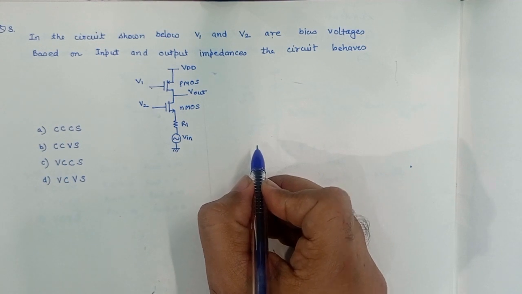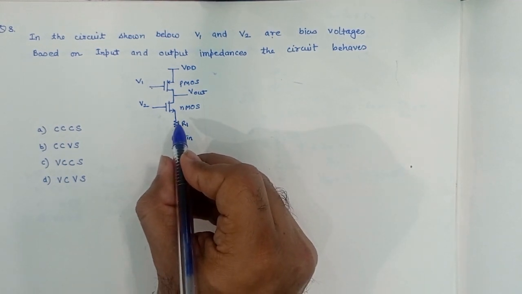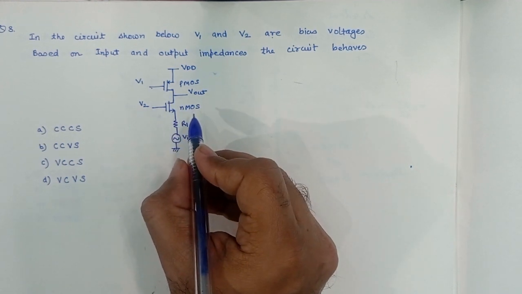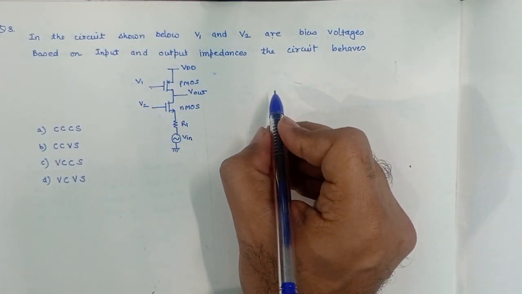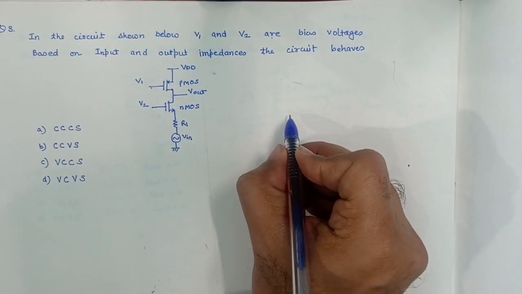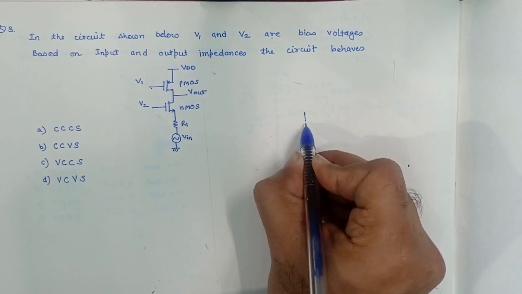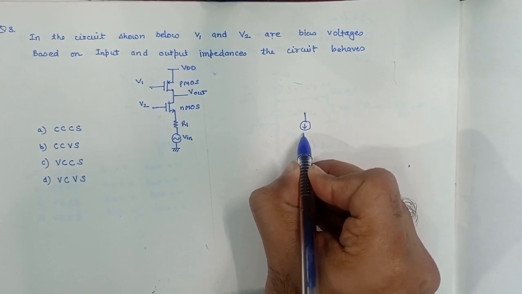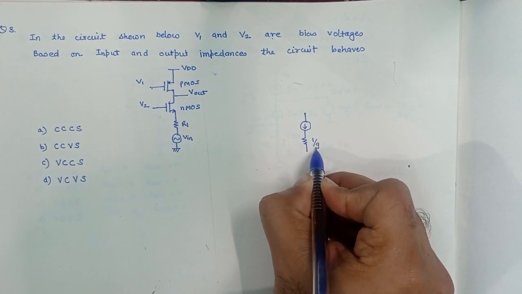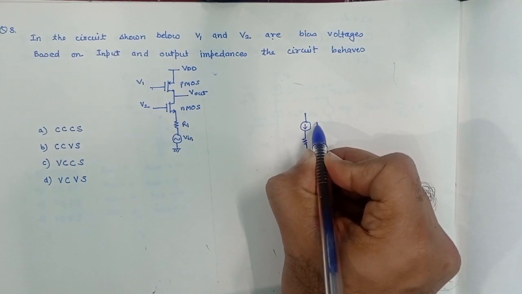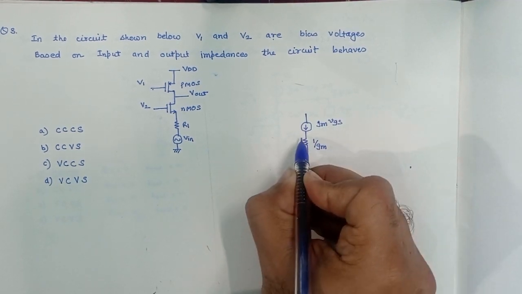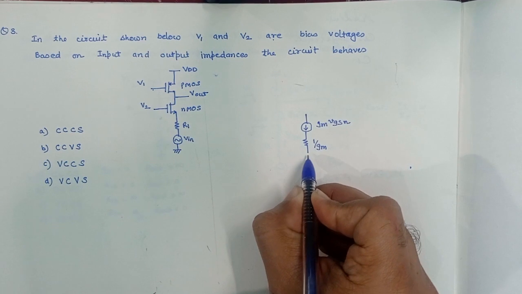In order to calculate the input impedance and the output impedance, we need to replace the transistors by their small signal equivalent circuits. So let's replace the NMOS transistor by an equivalent circuit like this, with GM times VGS of NMOS.